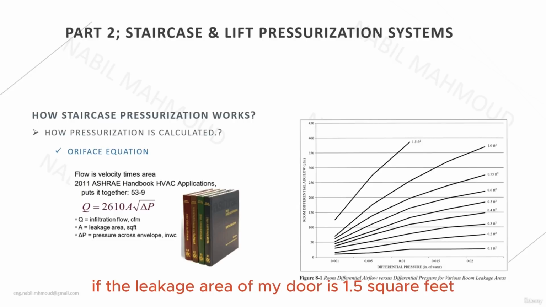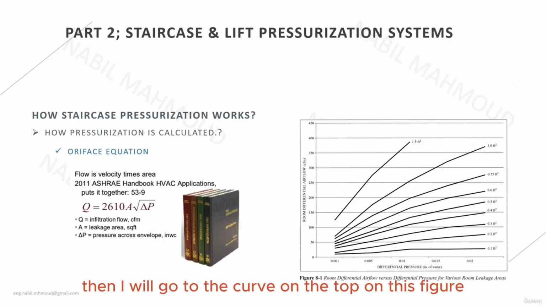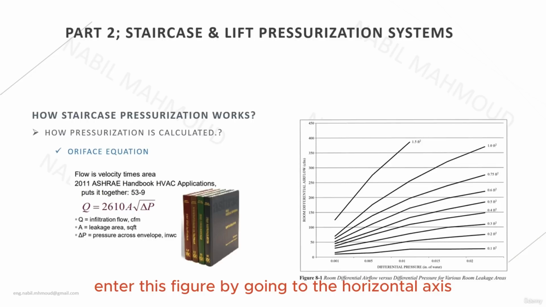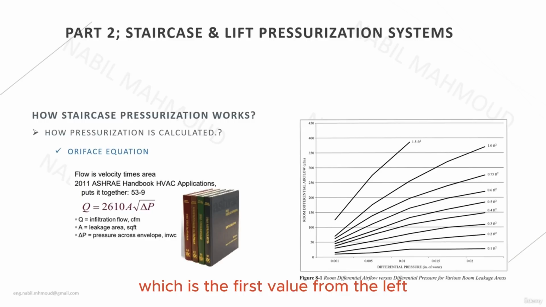So for example, if the leakage area of my door is 1.5 square feet, then I will go to the curve on the top of this figure. So let's say, for example, I needed to maintain a pressurization value of 0.001 inch water gauge. I will enter this figure by going to the horizontal axis and look for the value of 0.001, which is the first value from the left, and then I will go vertically upward until I intersect with the curve of the 1.5 square feet.